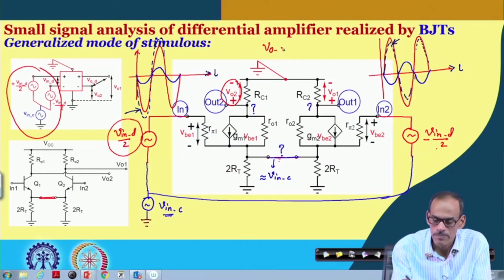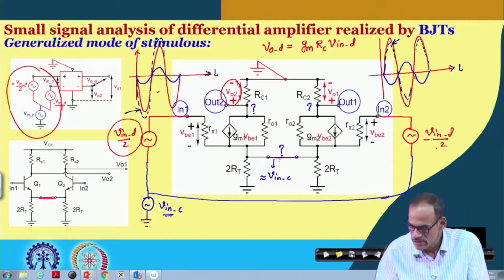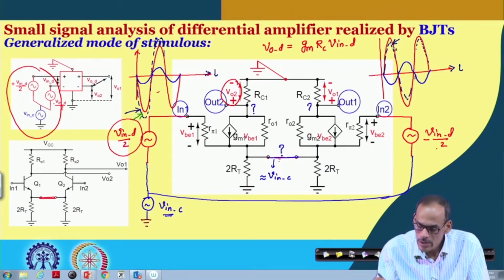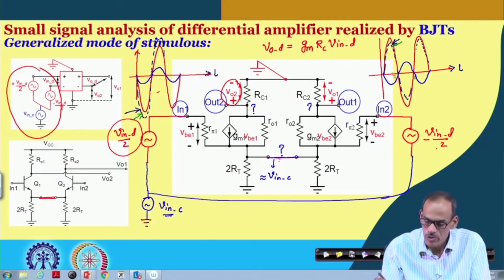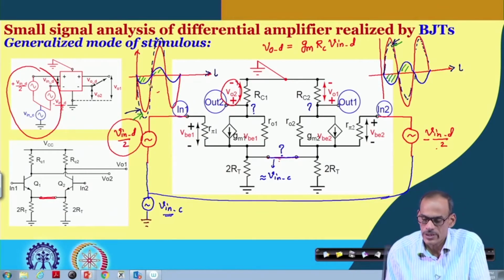So, VOD, if I take the difference of these two signals, will be GM into RC into V in D. And if I take average of these two signals, then what we will be getting is only this part, because they are getting added up and the red portion is getting cancelled out.